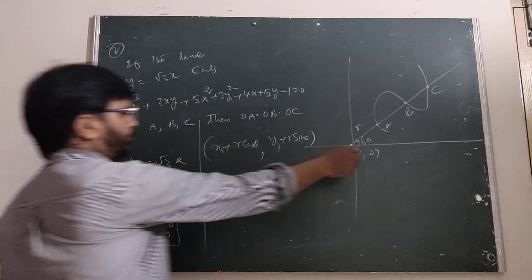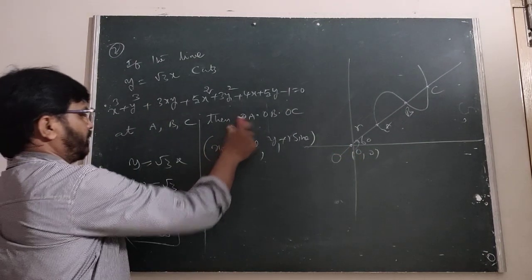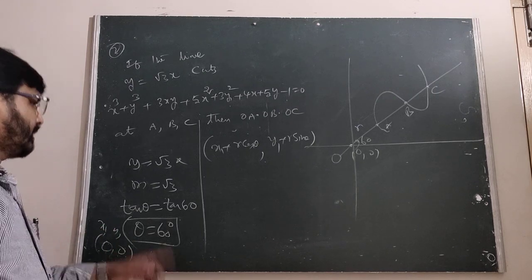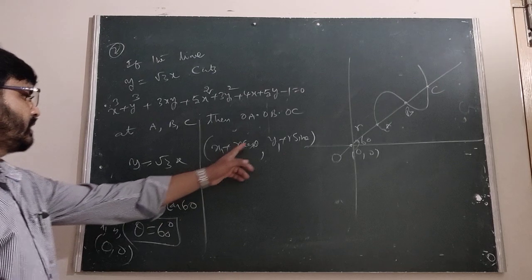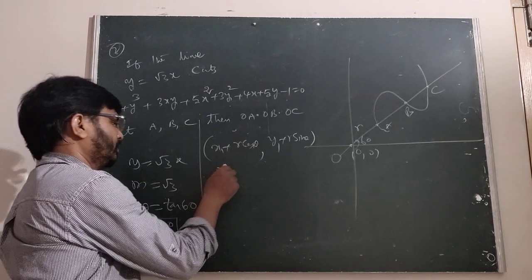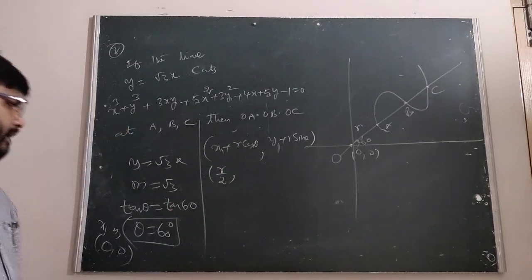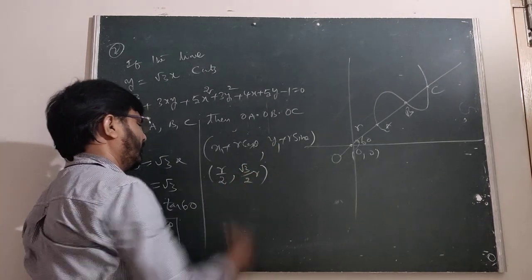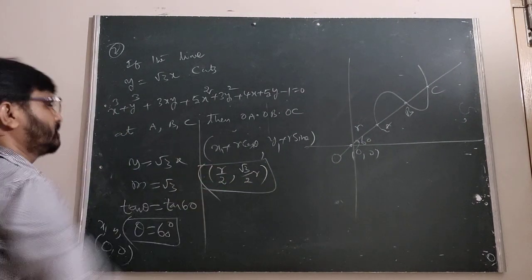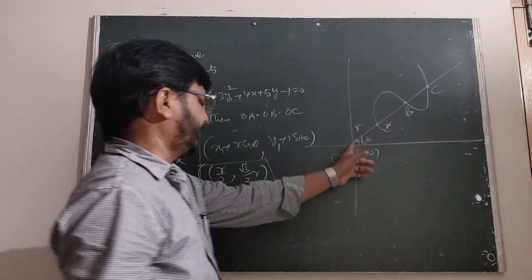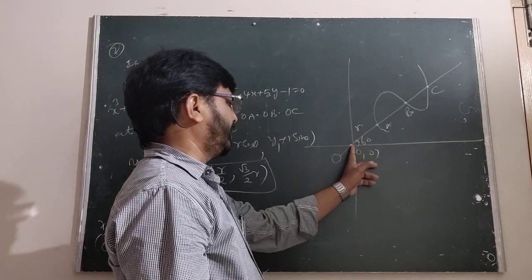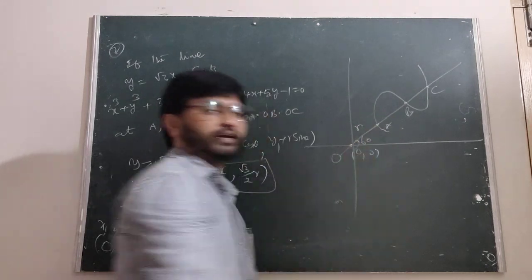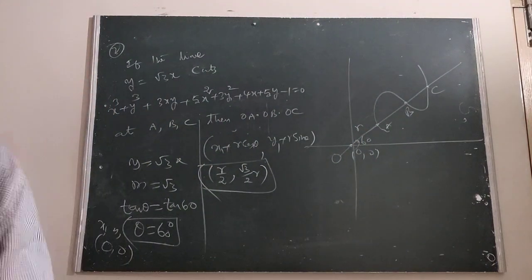Here x1, y1 are 0, 0. r cos 60 degrees is r by 2. And y1 is 0, sin 60 degrees is root 3 by 2 r. Now we are getting this point. Now we have to find the point at a distance r from the point 0, 0, making an angle 60 degrees with the positive direction of the x-axis. Now we are taking the point on the curve.